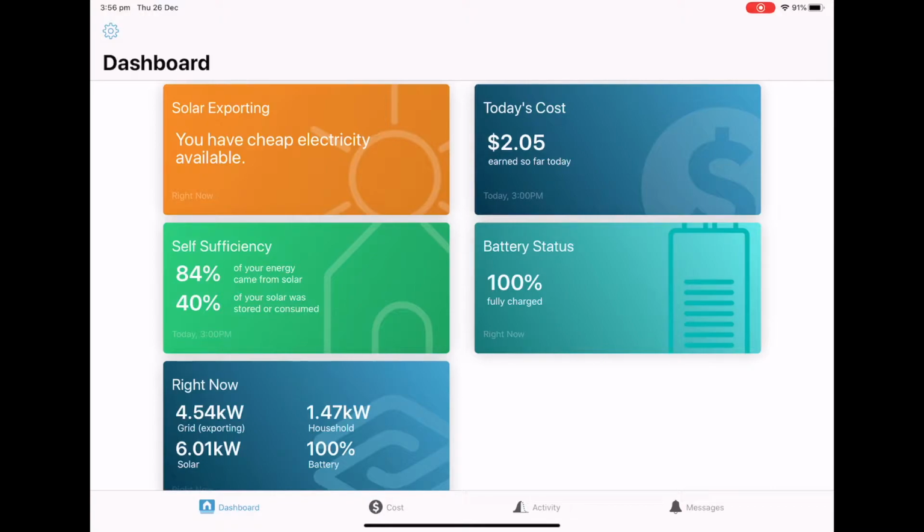I have 11.3 kilowatts of solar on my house, and that's over two systems. So back in 2015 I put 4.94 kilowatts up there, and that served me well.